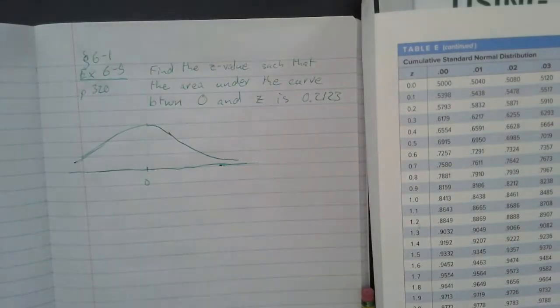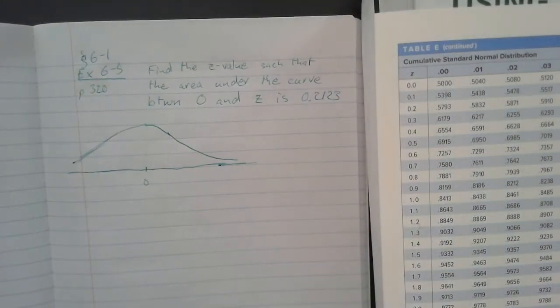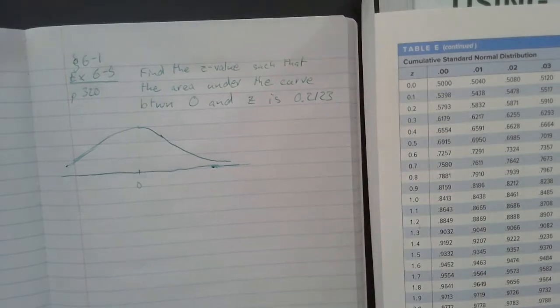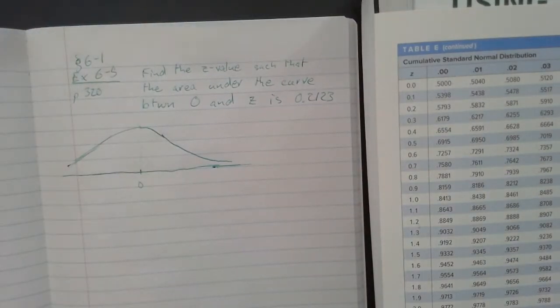Let's continue on. So we are still working on chapter 6, section 1. And now we've moved on to example 6-5. This is from page 320, and I've just tried to copy down the instructions so I don't have to go back and read them out of the book.